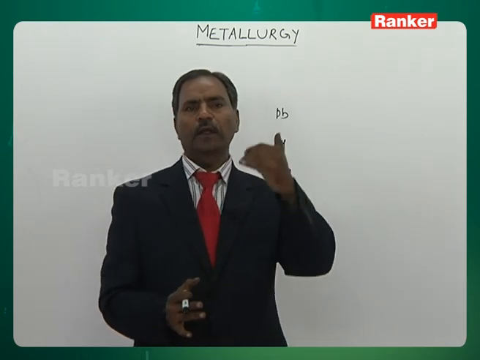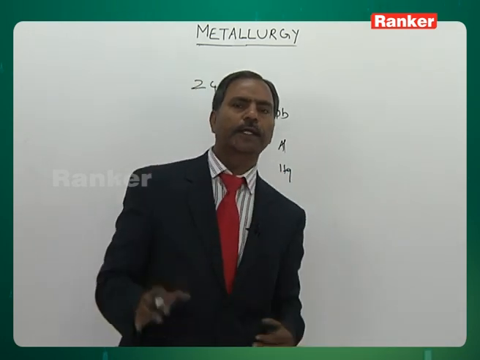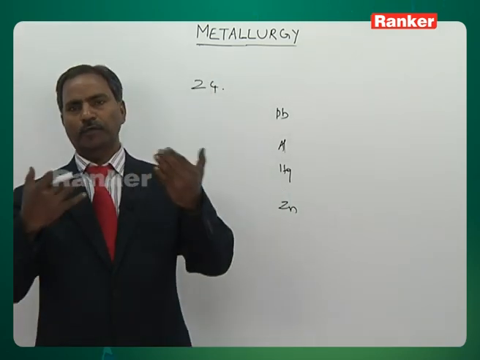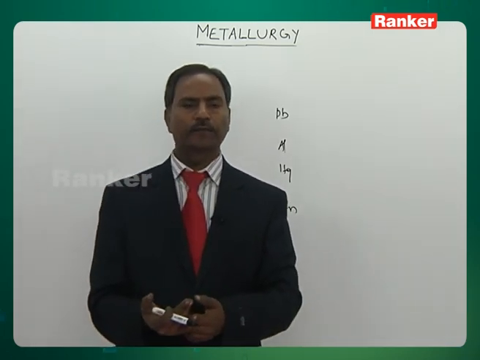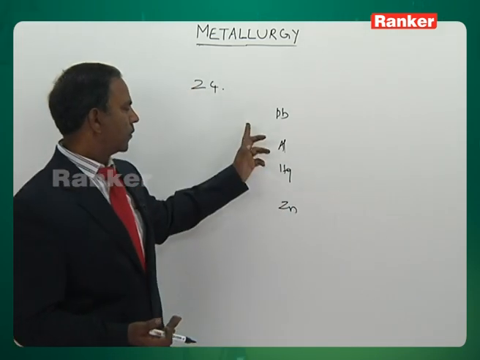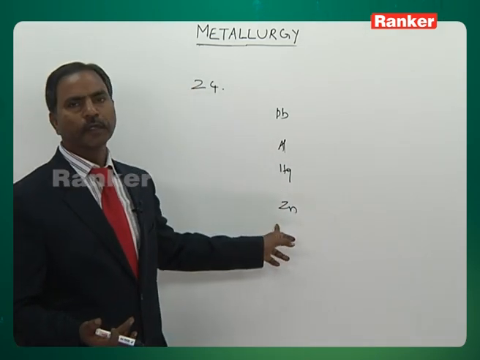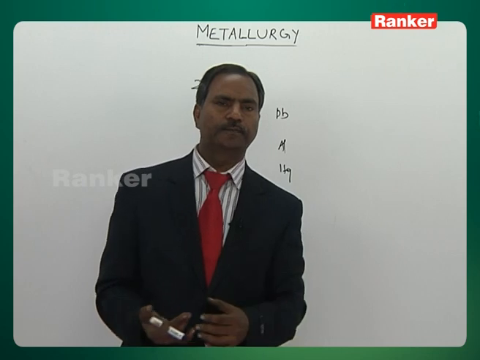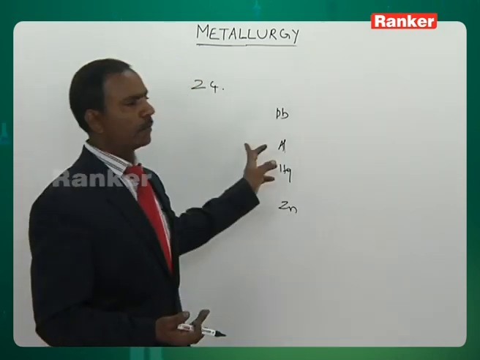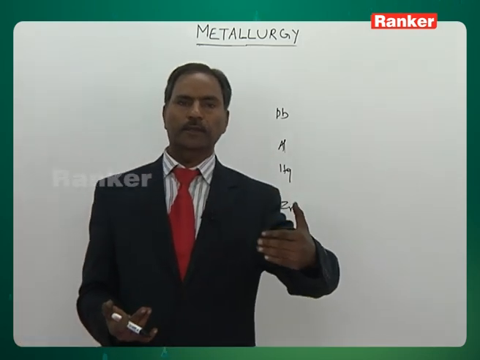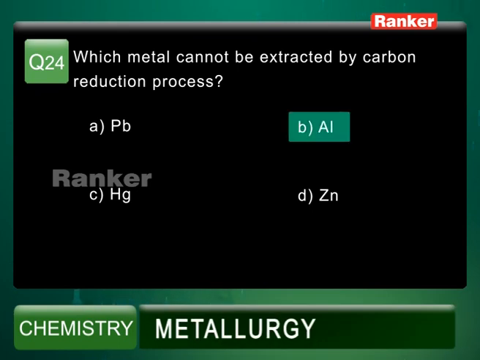The metals and the metal compounds of these cannot be reduced by carbon. Therefore, lead, mercury, zinc can be extracted by carbon reduction method, but aluminium cannot. So, here question number 24, answer is B.